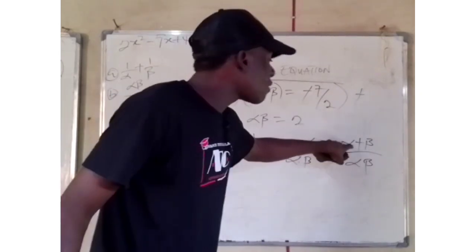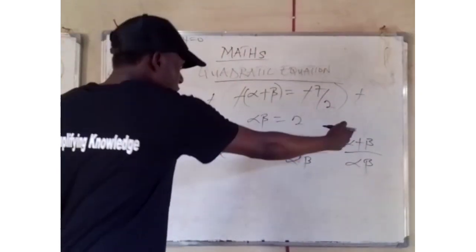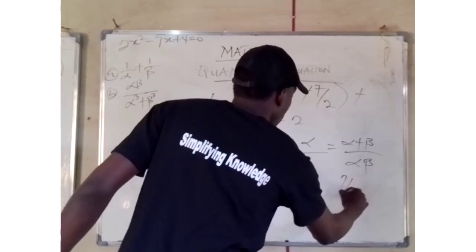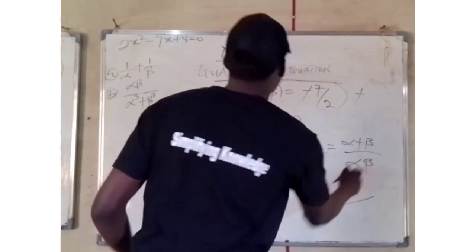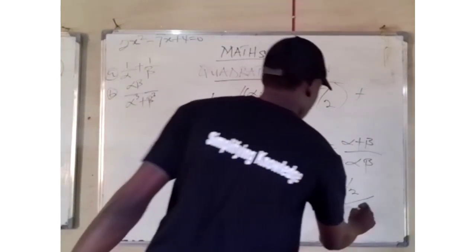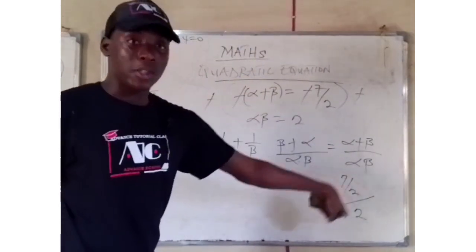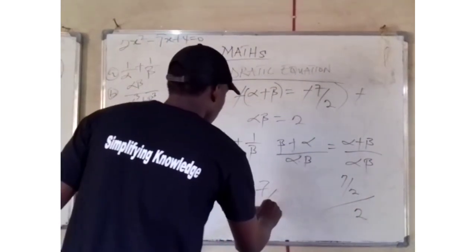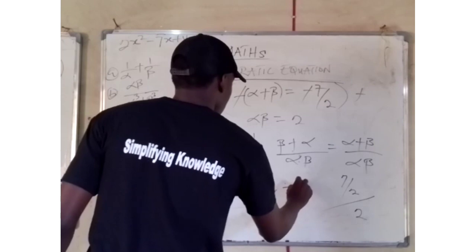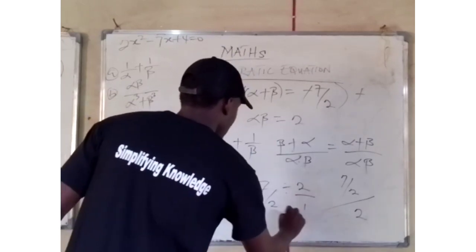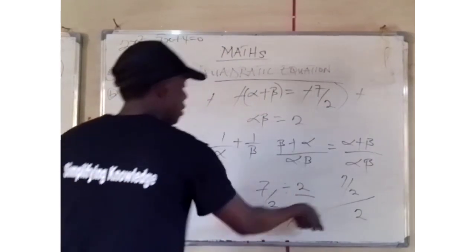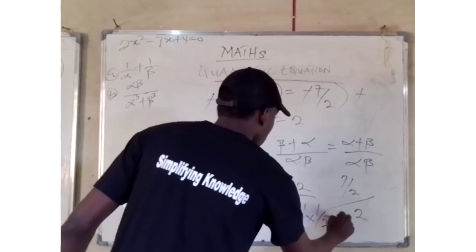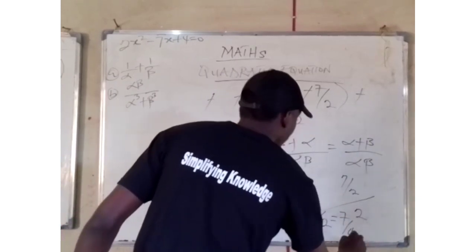So I'll put 7 over 2 in the numerator. So this is 7 over 2 over alpha beta, which is 2, isn't it? So this is 7 over 2 divided by 2 over 1. So this is saying 7 over 2 times 1 over 2, which is 7 over 4.